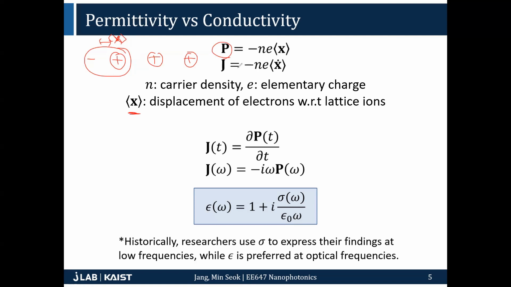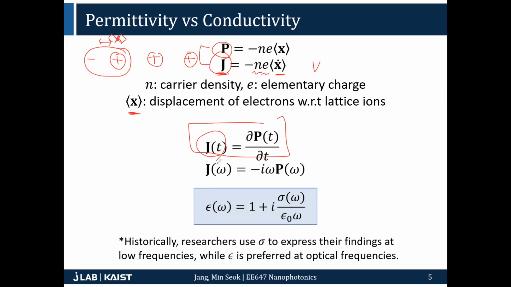On the other hand, if you want to describe current using your carrier density, elementary charge, and x, it's about the velocity or speed of electrons. You have a constant speed of electrons, and that creates current. If you look at this, you can connect these two.